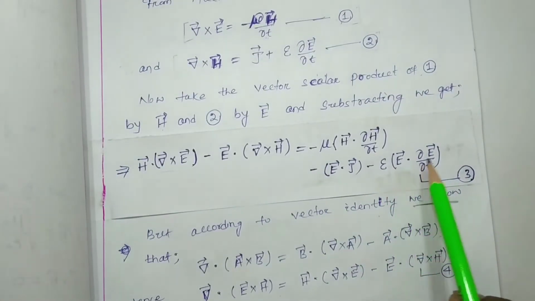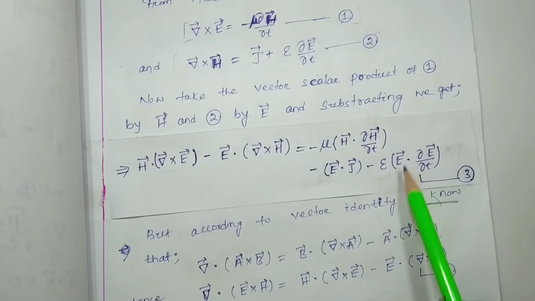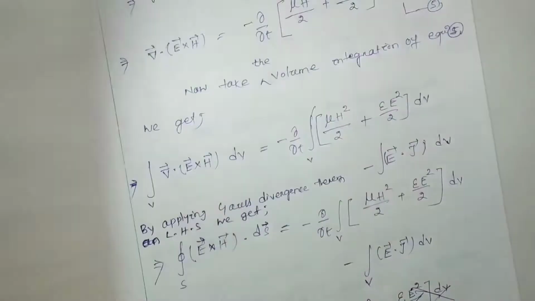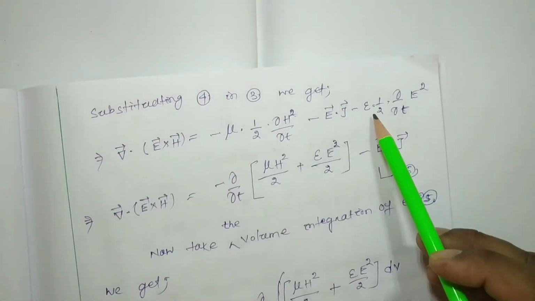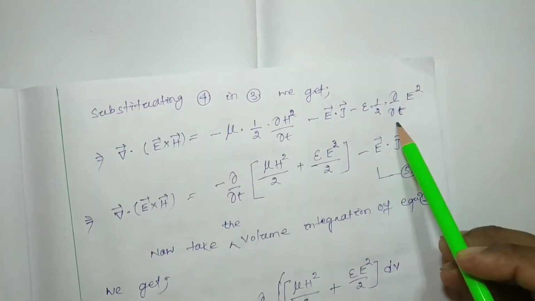epsilon. This E dot del E by del t can also be written as half del E square by del t, epsilon half del E square by del t.